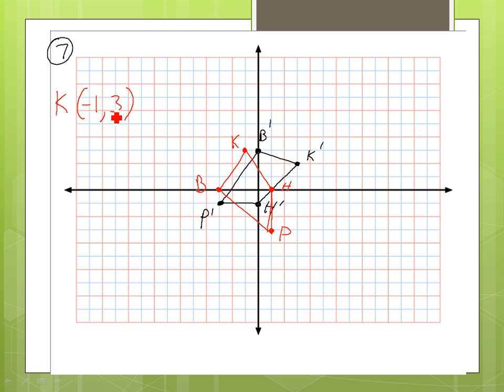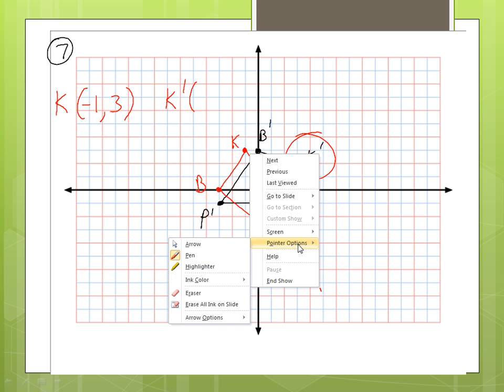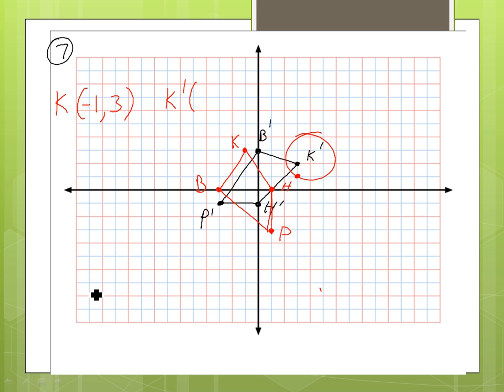Well, then K prime, which is right here, the coordinates negative 3, of course I put it in the wrong spot, K prime, the black K should have been right here, that should have been K prime.